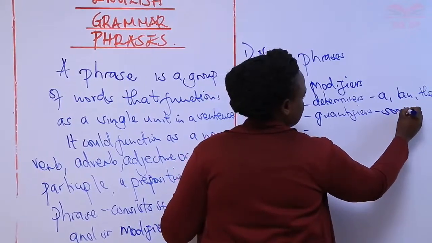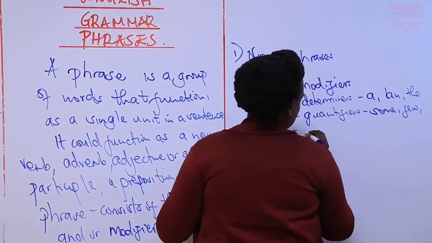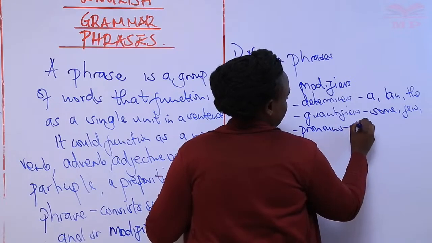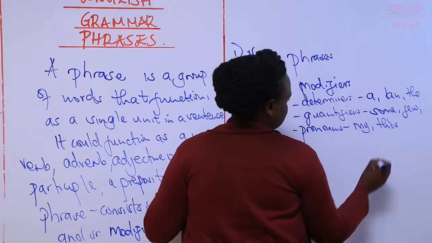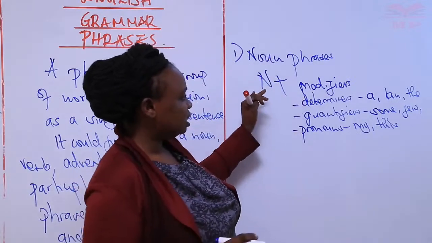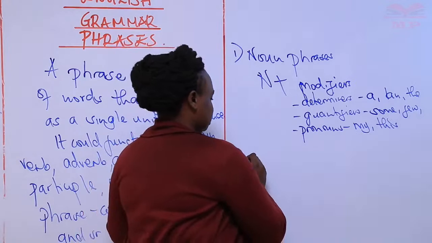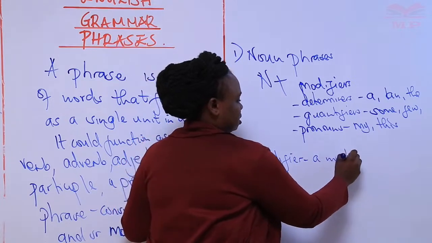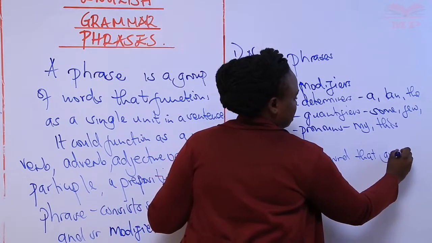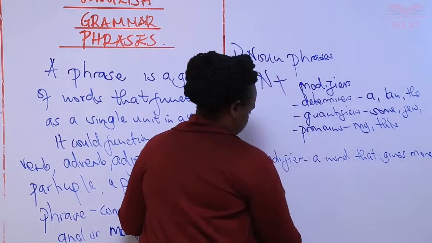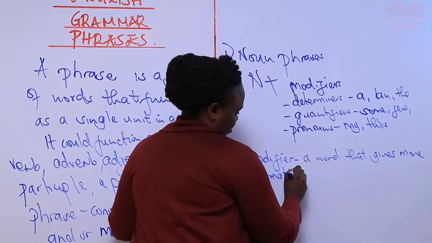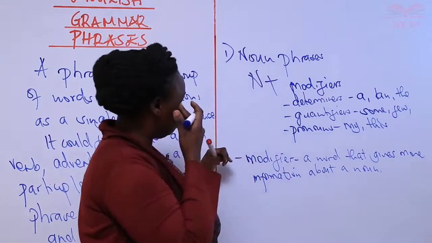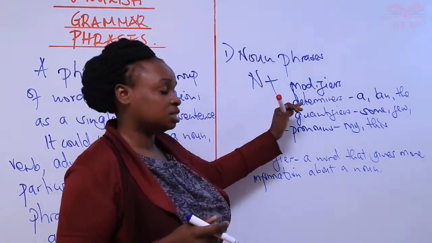Quantifiers could be some, few, could be even pronouns, e.g. my, this. Okay, those ones are modifiers of what? The noun. What do we mean by a modifier? It is a word that describes a noun. A modifier, a word that maybe we can say gives more information about a noun.